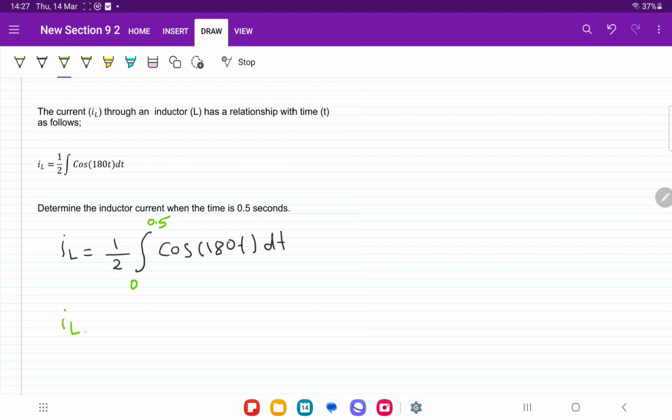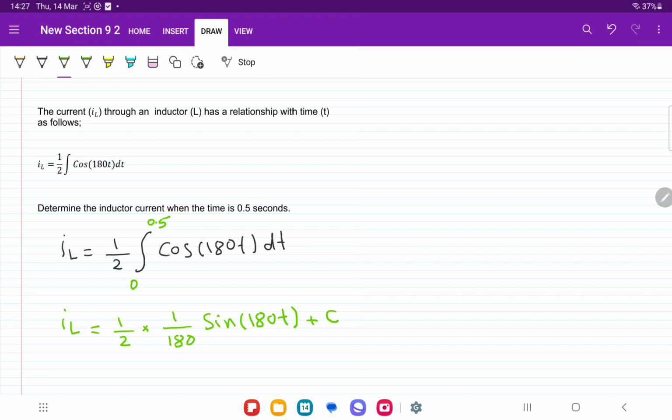IL equals 1 over 2 times the cosine 180t, which is 1 over 180, and the cosine becomes sine 180t plus c.